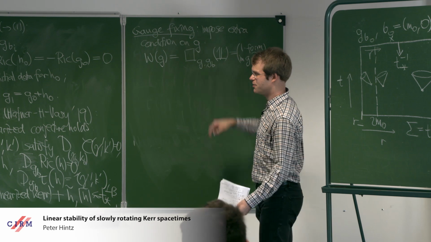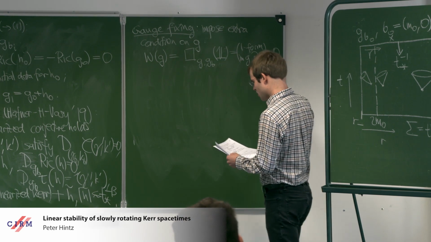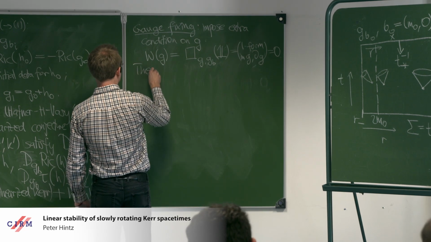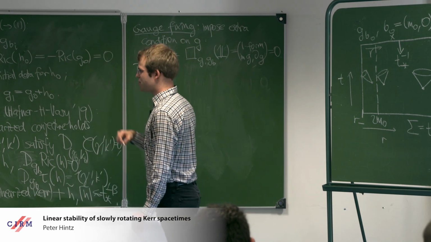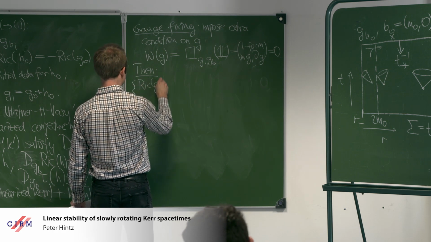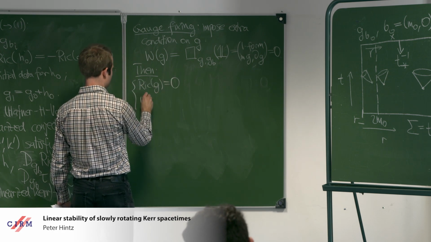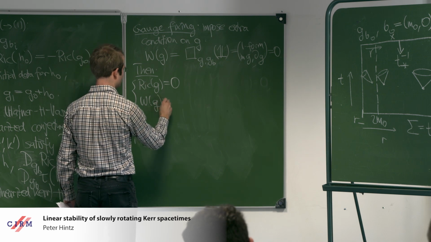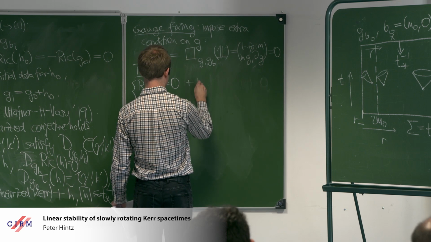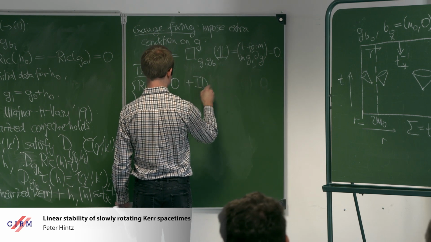So that's a more standard thing to do. What you then want to do is not just solve the Einstein vacuum equation, but solve it in the gauge that W of G is equal to 0. And of course, here you have then initial data, constraint equations, and so on.